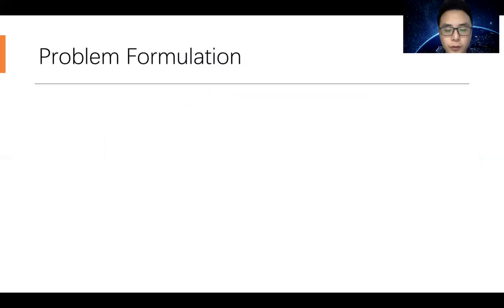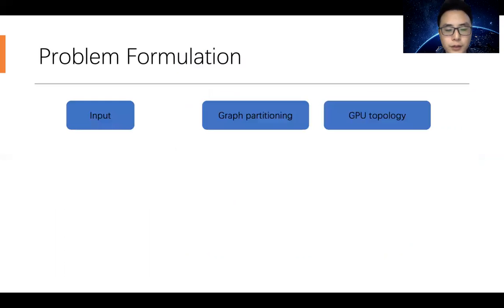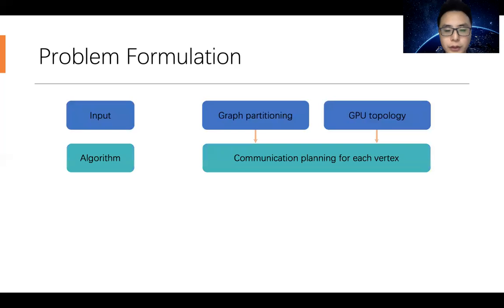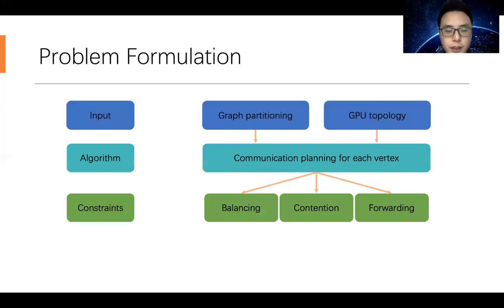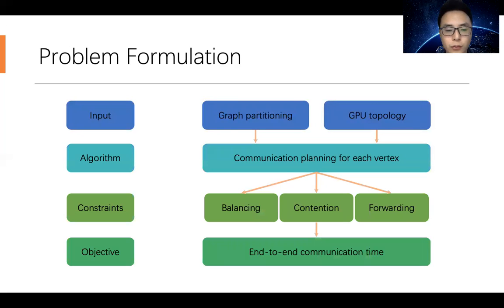In the problem formulation, the inputs of the problem are the graph partitioning scheme and the GPU topology. And we want to design an algorithm to do the communication planning for each vertex while considering the communication balancing, contention, and the forwarding. Finally, our objective is to minimize the end-to-end communication time.